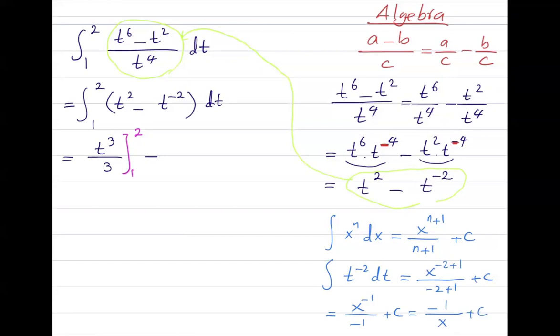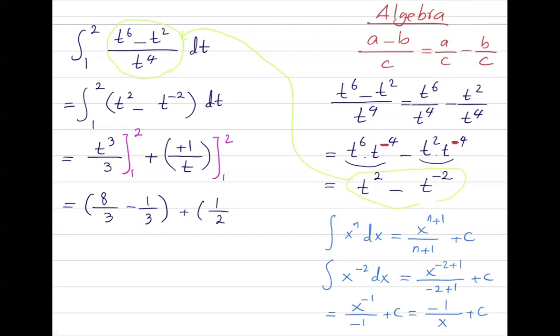So let me change this to x to have a general formula to follow. This is exactly the same for t here. Minus negative 1 divided by t, with t ranging between 1 to 2. If you plug in 2, you get 8 divided by 3 minus 1 over 3, minus... You can combine these two negative signs before entering 2 and 1, so it becomes positive plus.